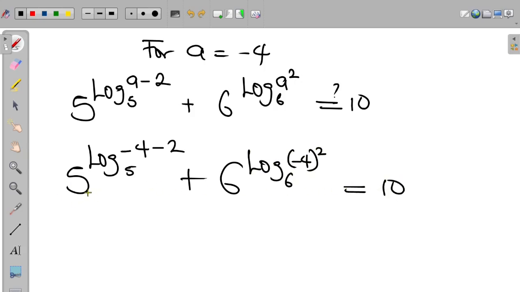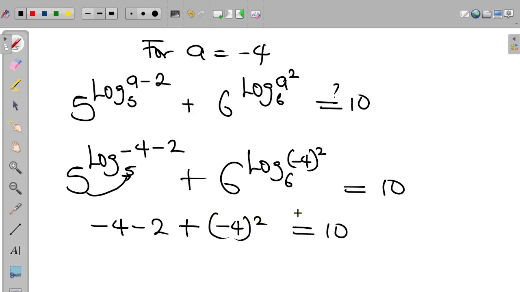Here, the base of the exponent and the base of the logarithm match, so they cancel out. So this becomes minus 4 minus 2 plus minus 4 all squared equal to 10. Now at this point, minus 4 minus 2 is giving us minus 6, plus minus 4 squared is giving us 16.